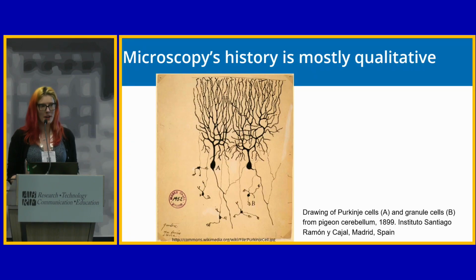However, microscopy's history is mostly qualitative, right? If you think about some of the very original observations of cells under a microscope, it is a biologist looking at a picture and describing what they see. But that's not where the field is anymore.